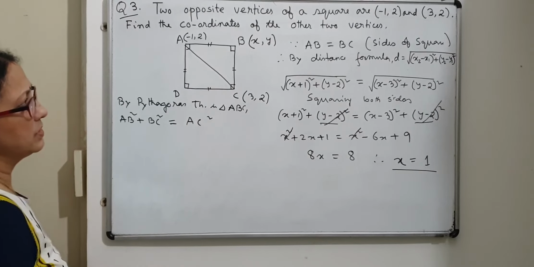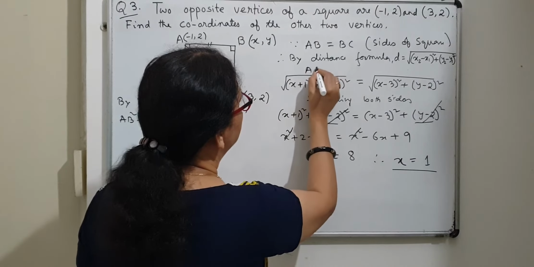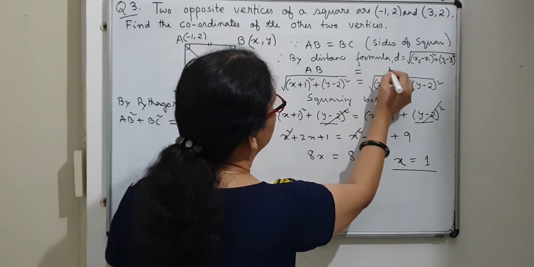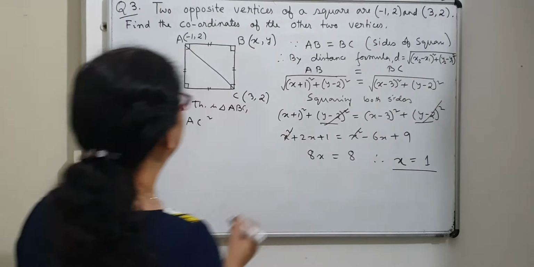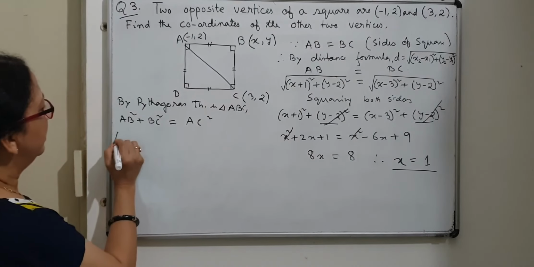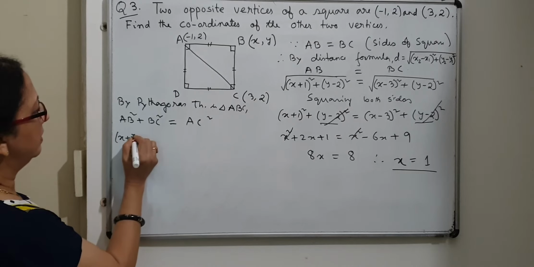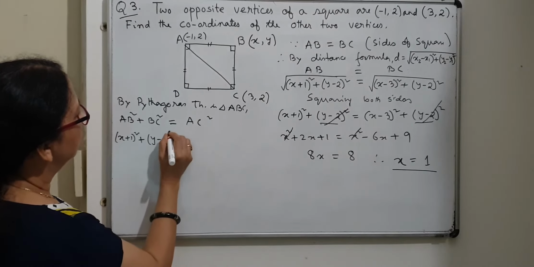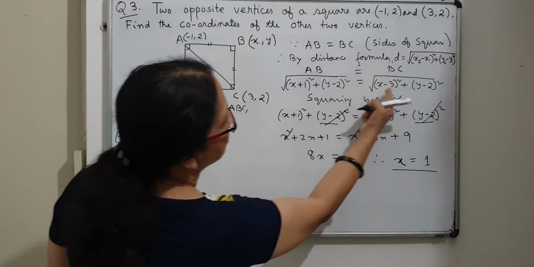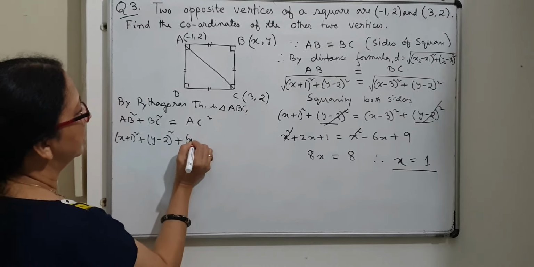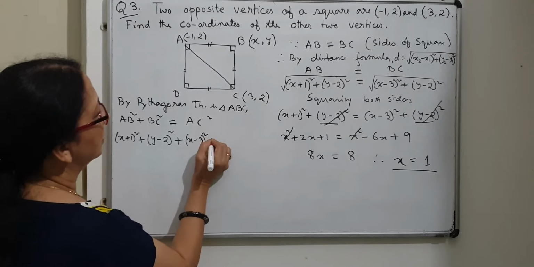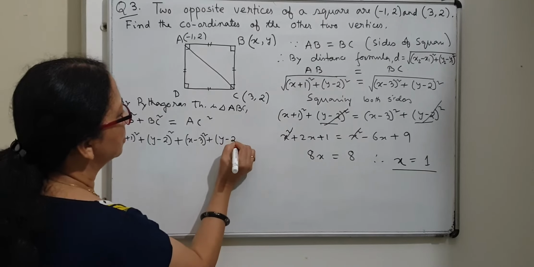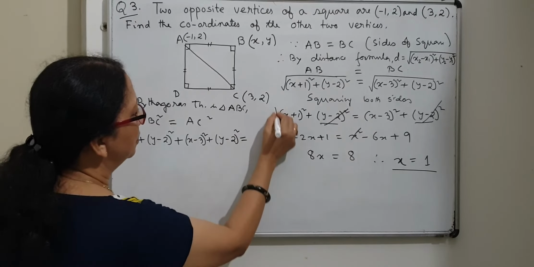Now what was AB? I can use this directly. So AB square is (x plus 1) whole square plus (y minus 2) whole square, plus BC square, which is (x minus 3) whole square plus (y minus 2) whole square, is equal to AC square.